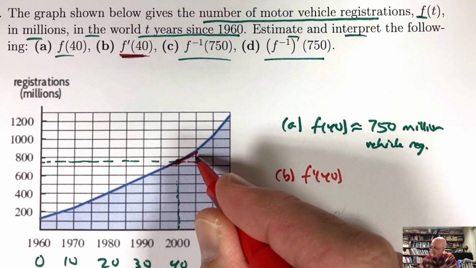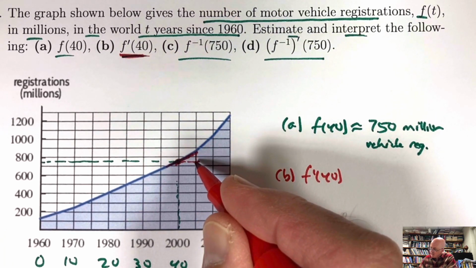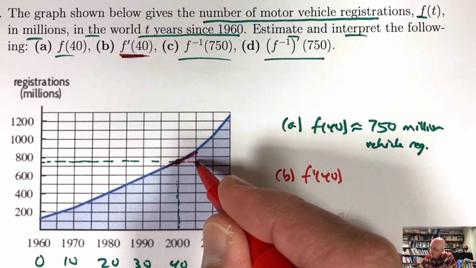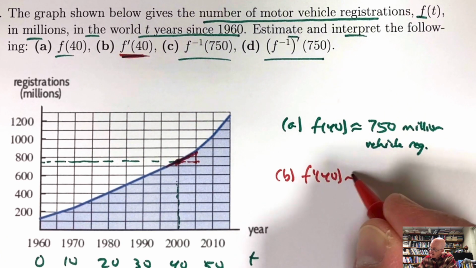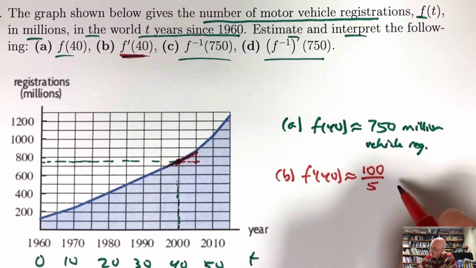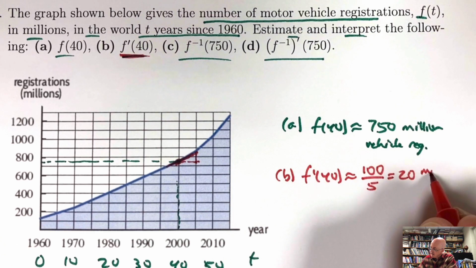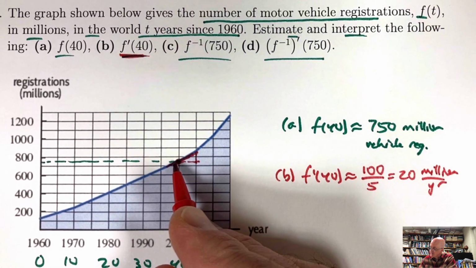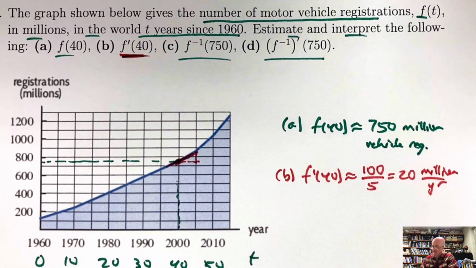What's the length of that line segment? It's growing from about 750 to about, what would that be, 850 or so. It's growing by about 100. This is approximately 100 divided by 5 million registrations per year, 20 million registrations per year would be the value of that. Okay, that's just an estimate. Maybe you'd draw a slightly different tangent line and get a slightly different estimate.